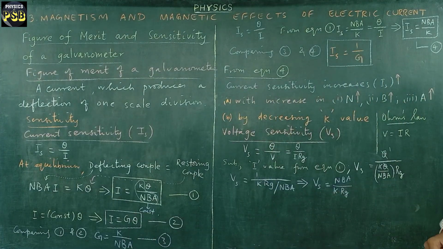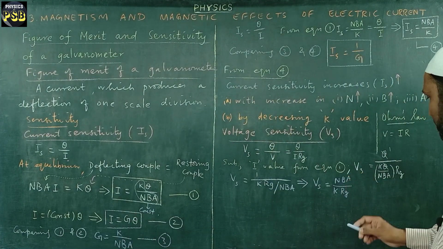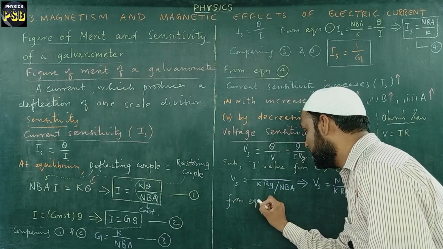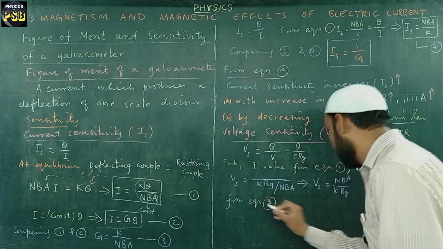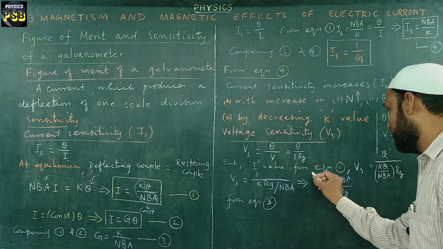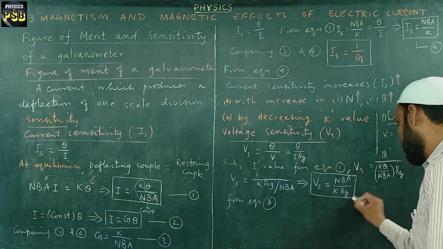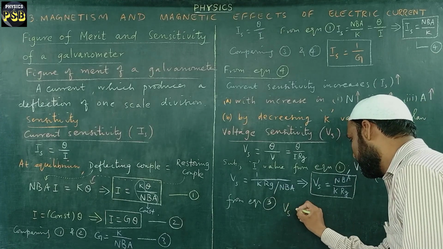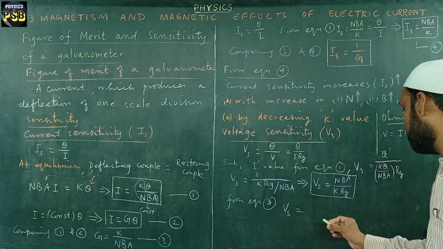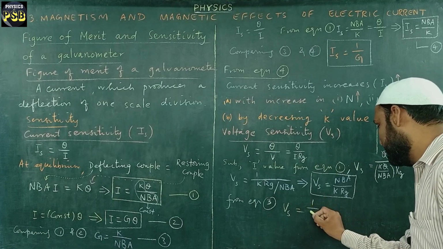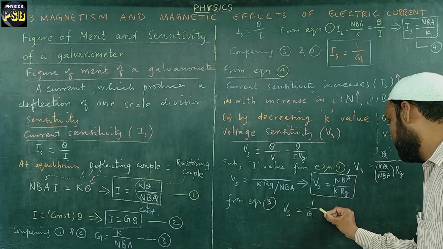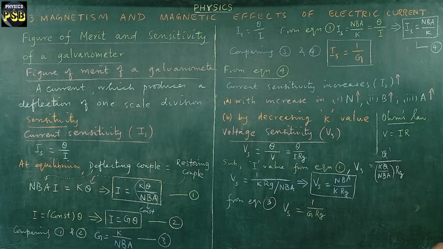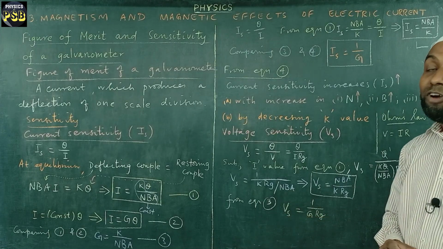From equation 3, this expression can be written as Vs equals 1 upon G multiplied with Rg. This is the final expression for voltage sensitivity.